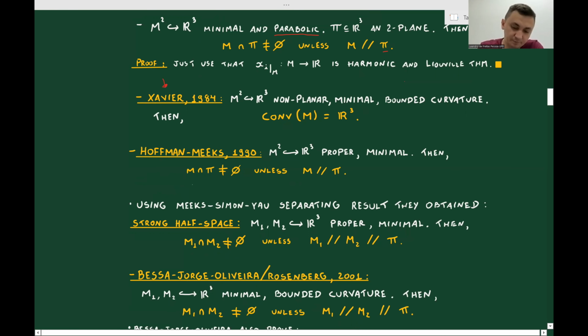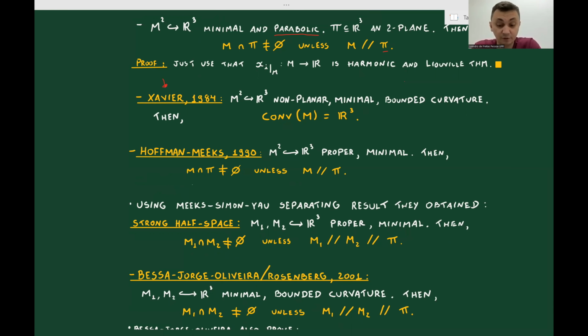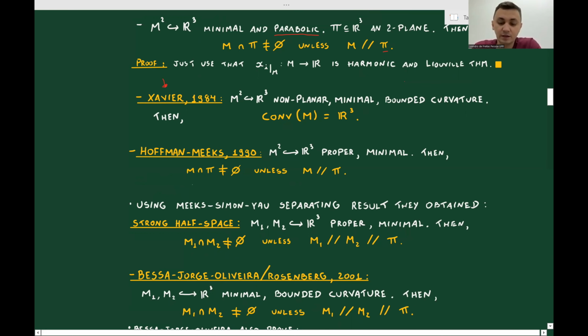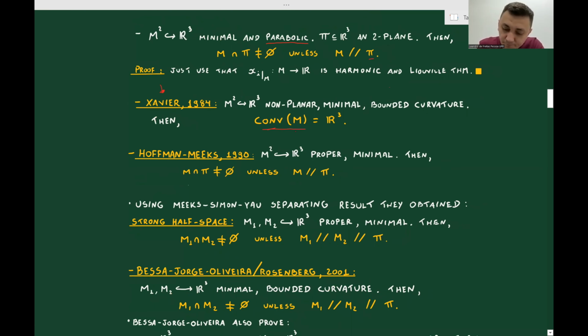So Xavier considered non-planar minimal surfaces with bounded curvature, immersion only, in the Euclidean space. And he proved that the convex hull of M must be the entire space.